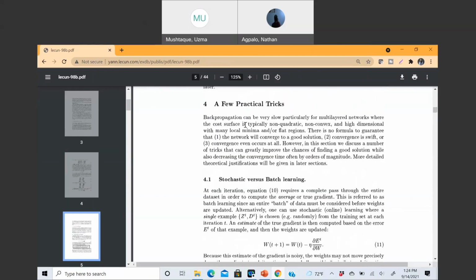And this section 4 is really worth reading. I would ask everybody to go and check this, especially before you implement this back propagation yourself. So this is something that we understand well: stochastic versus batch training, and how both of them work. The same rule applies here, the one that we discussed and implemented in logistic regression.